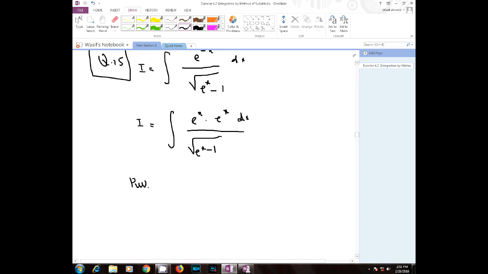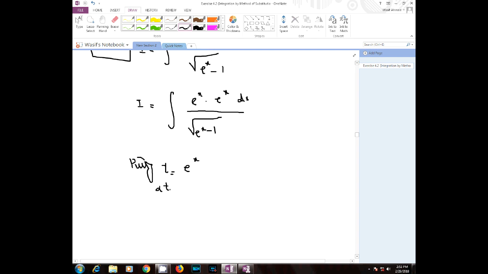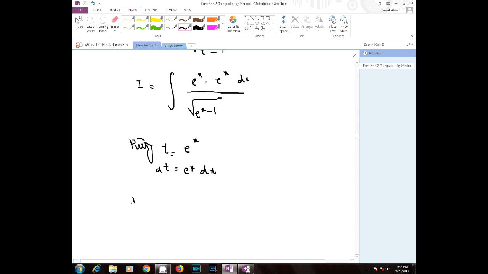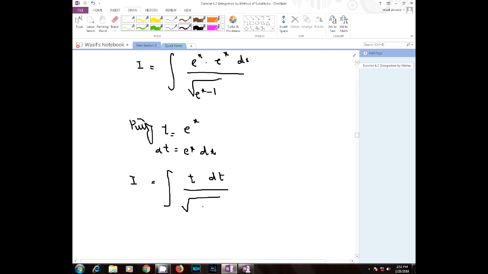You have to put e raised to the power x equal to t, so that dt is equal to e raised to the power x dx. And now your integral I is equal to, first e raised to the power x is replaced with t, and the second e raised to the power x dx is replaced with dt, divided by square root t minus 1.